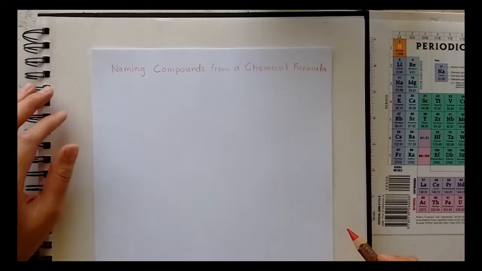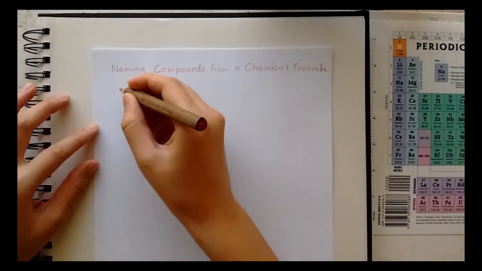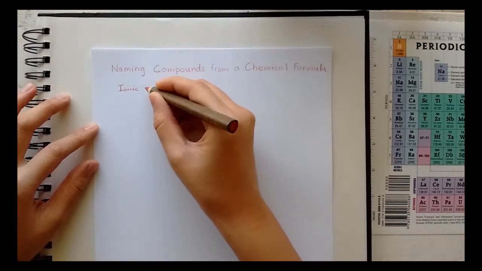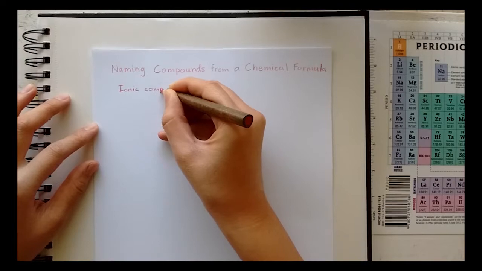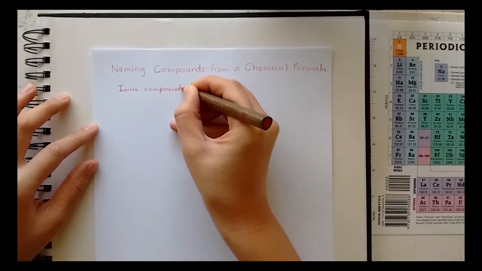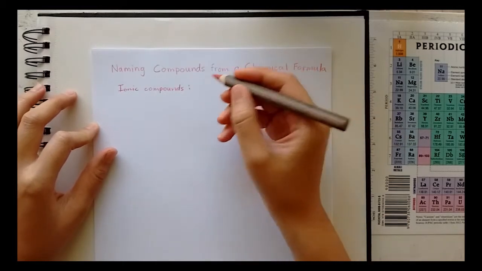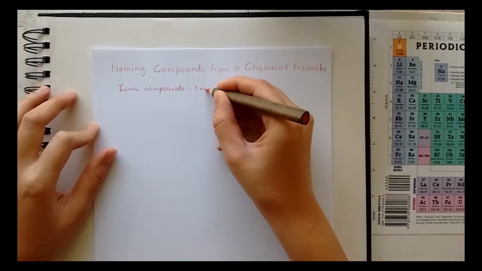Alright, so there are two types of compounds. One is ionic. So ionic compounds are made up of one metal and one nonmetal, okay?